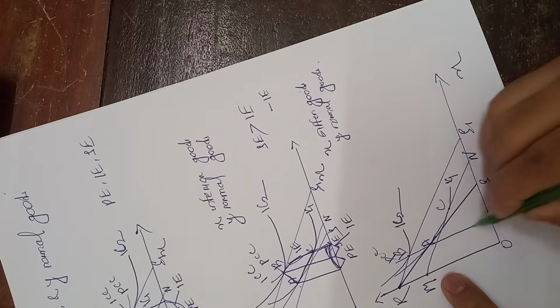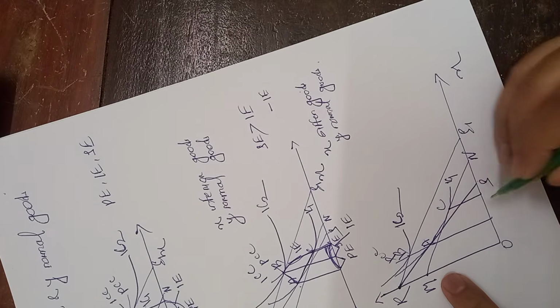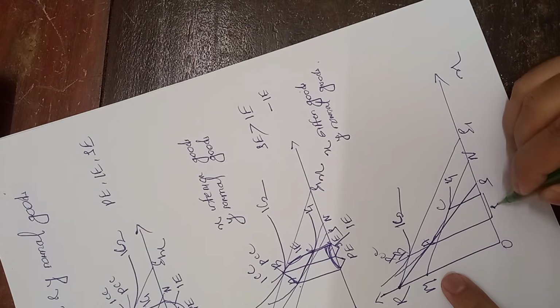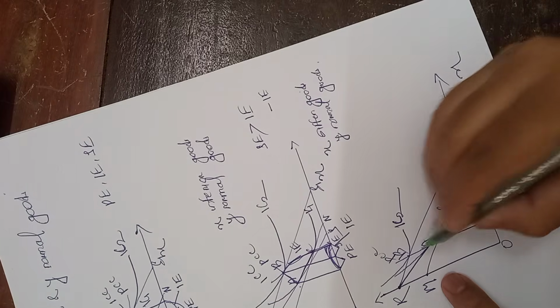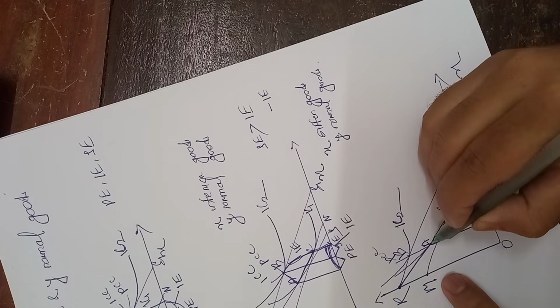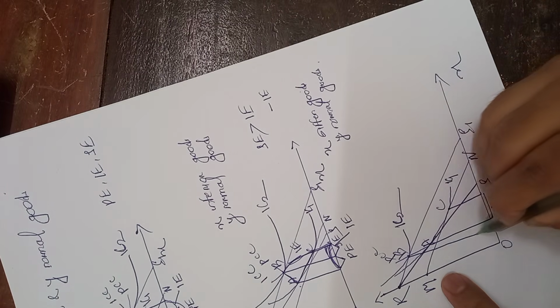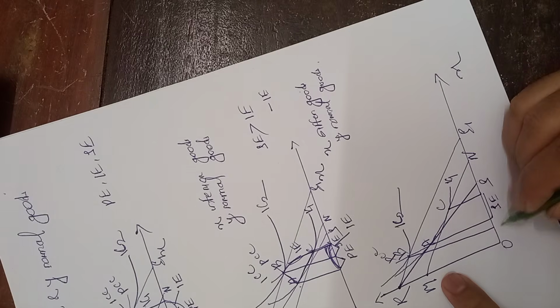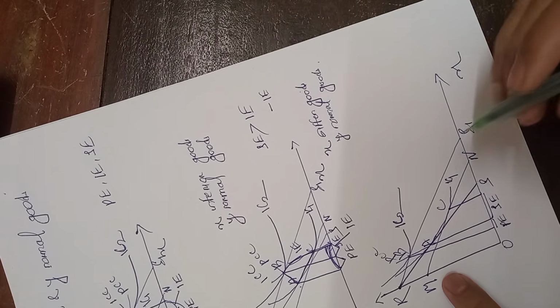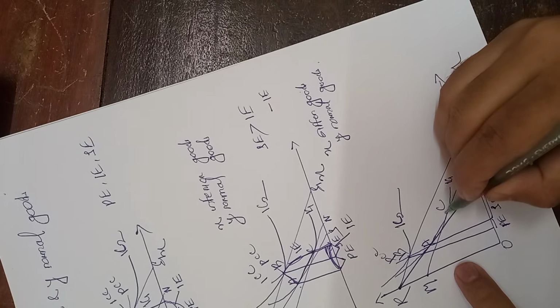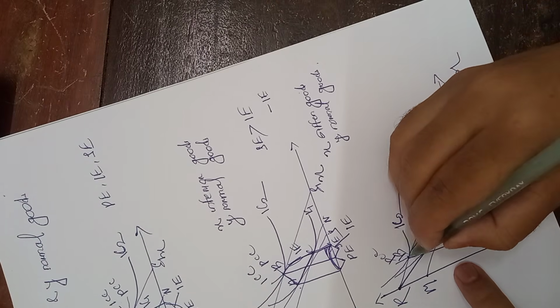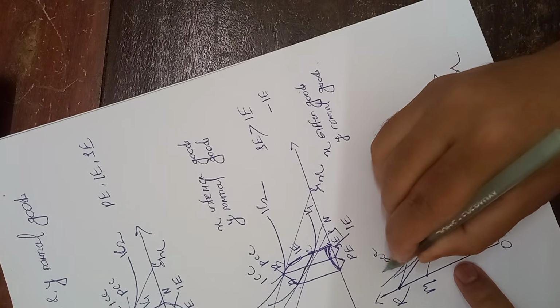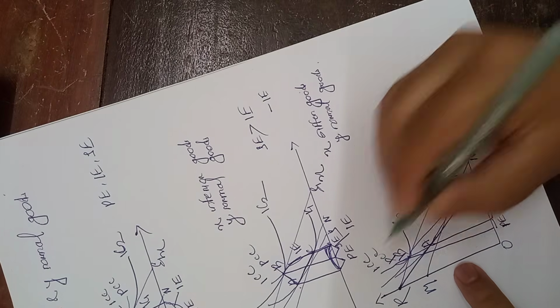Here to here it is called substitution effect. Here to here, it is called price effect. And here to here, it is called income effect. We can draw it as the income consumption curve.